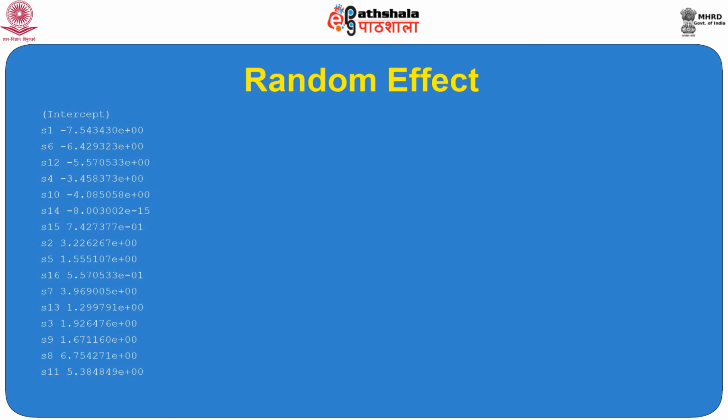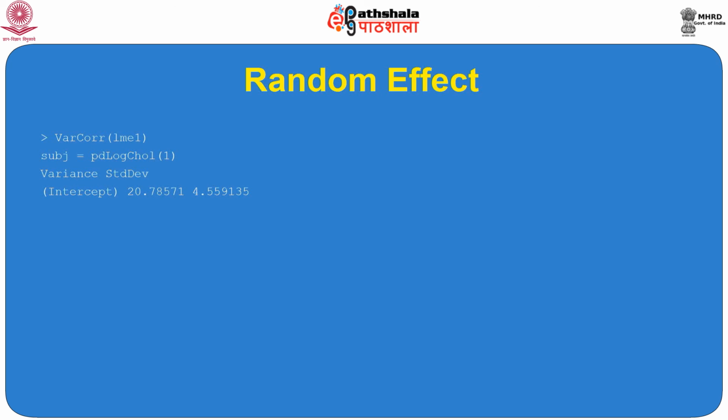So those are the estimates for the random effect, where we have considered the subject as having a random effect, and this var-corr for LME1 is given with its estimates and standard error values. It is very important to consider the variance among these subjects with the corresponding standard error.